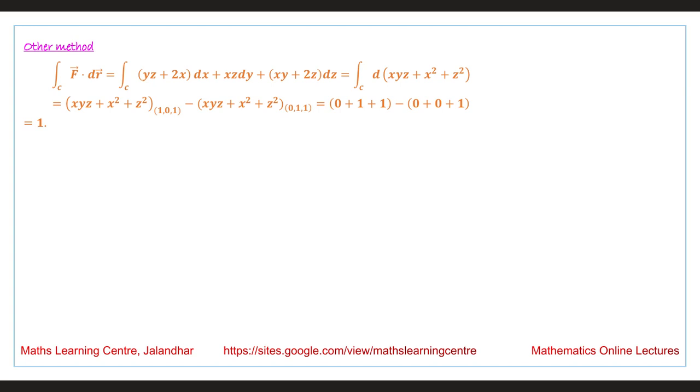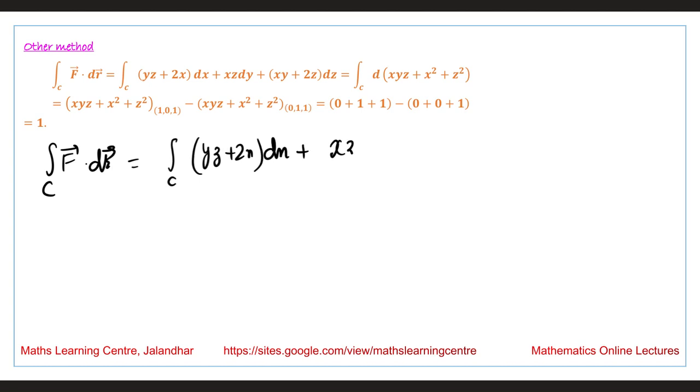And another method to solve this problem is, we are writing the integration of F vector dot dr vector over C. So we are writing it is equal to the integration over C of (yz plus 2x) dx plus xz dy plus (xy plus 2z) dz.